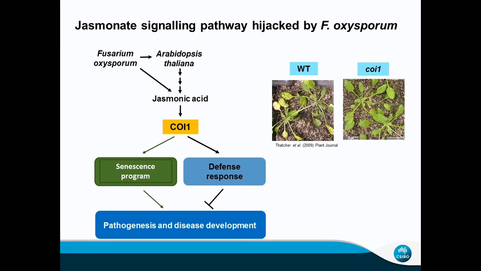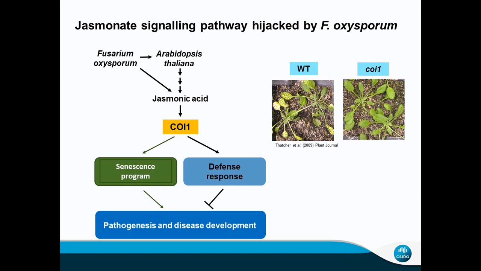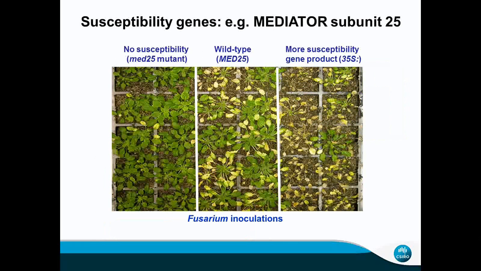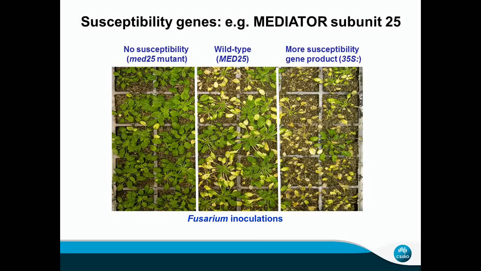The other has roles in the production of antifungal defenses, which can suppress disease development, but the effect of the senescence pathway is much larger, so you get increased disease development. So it's a kind of complex crosstalk between two different pathways. As I mentioned again, that's the mediator subunits that we have studied. The same thing is happening here.